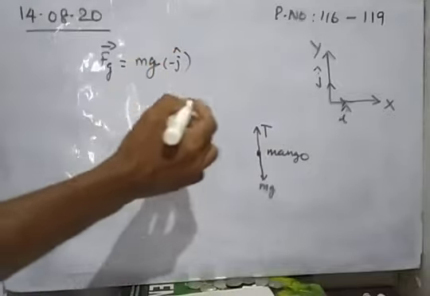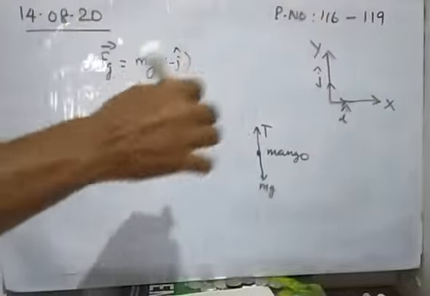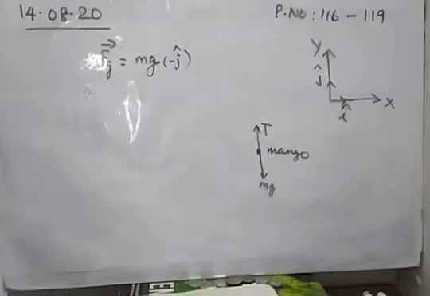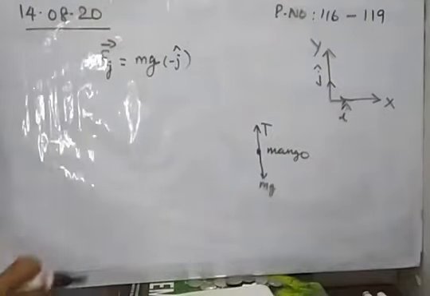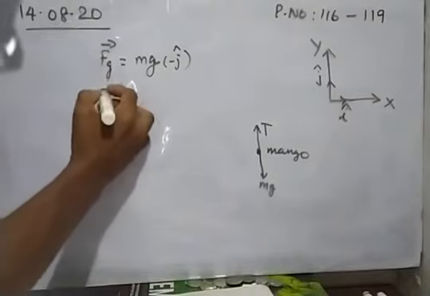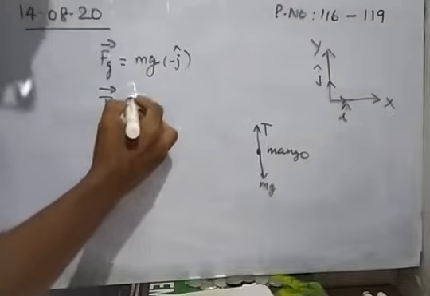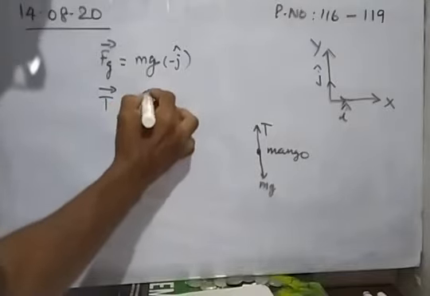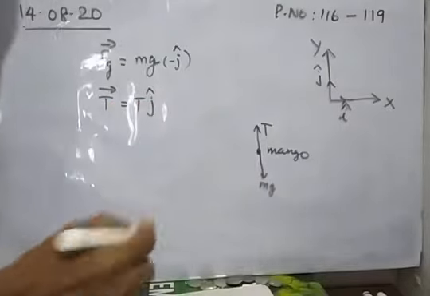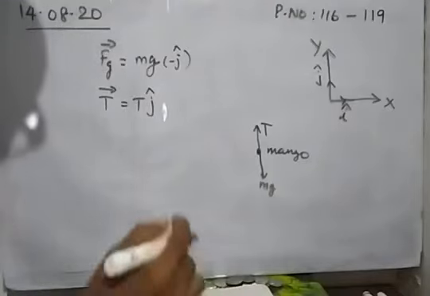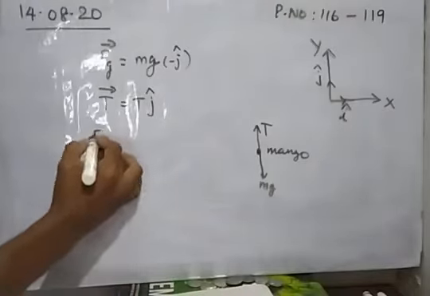Minus j cap represents that the gravitational force is opposite to that of the y-axis, that is along the negative direction. Similarly, the tension can be represented as the vector T, which is equal to T j cap. Tension is acting in the vertically upward direction. Then the net force F net.